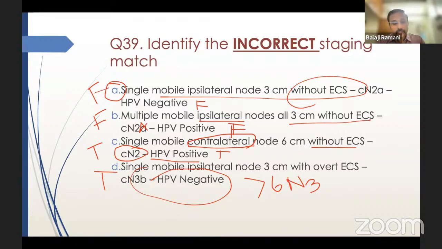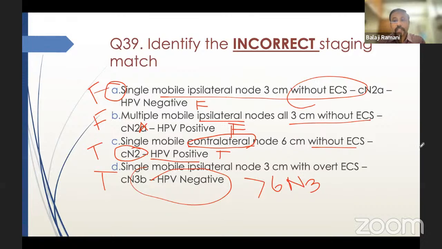Then you have N3. I will directly go to N3 first. So N3A is there, which is any node more than 6 centimeter. Then you have your N3B, which is the highest staging, where there is clinically overt extracapsular spread. So how will you know this extracapsular spread? Either fixity or matted nodes.